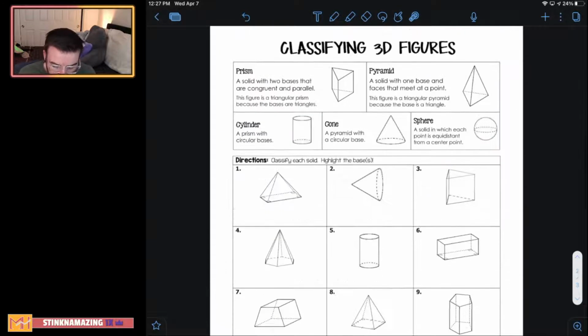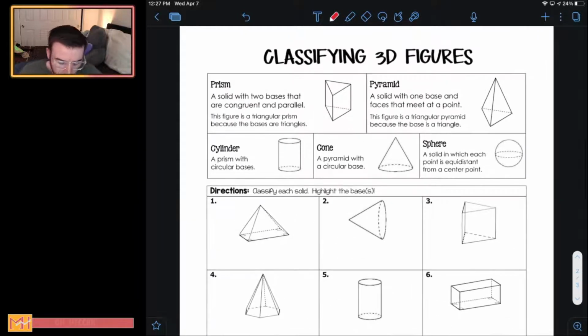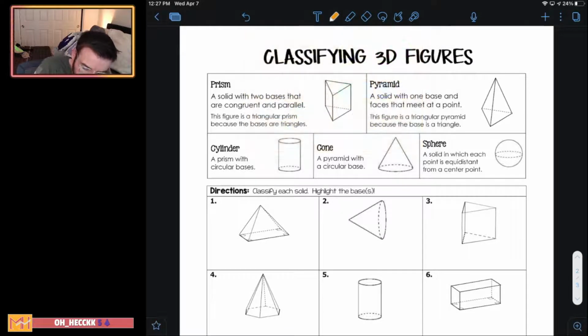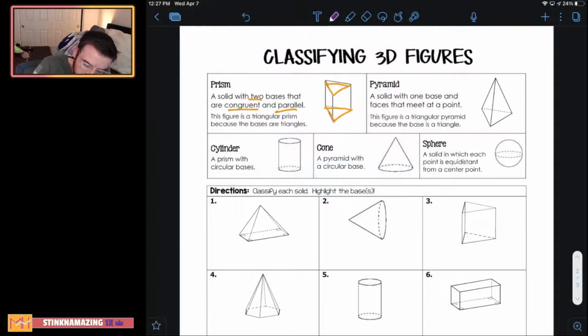All right, I rambled enough about these definitions. Let's classify these figures. A prism is something that has two bases that are congruent and parallel. There's a triangle on the bottom and a triangle on top, and we are connecting them.